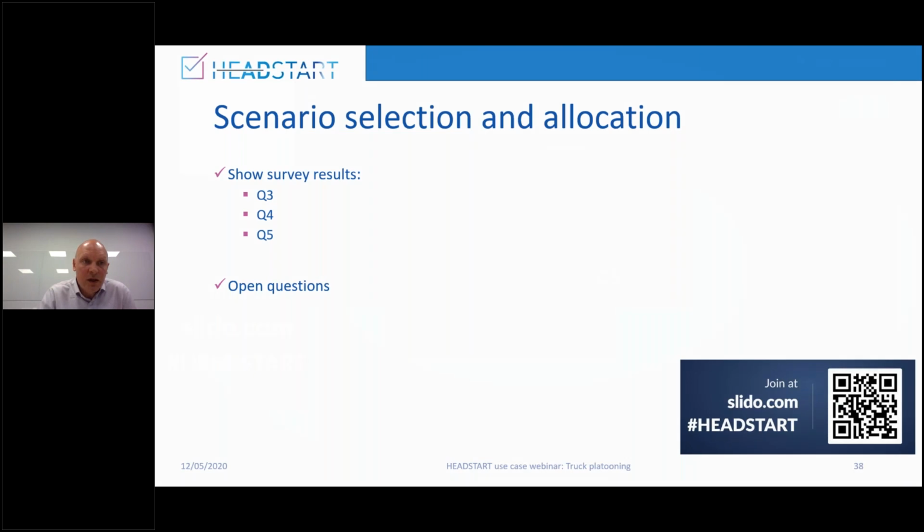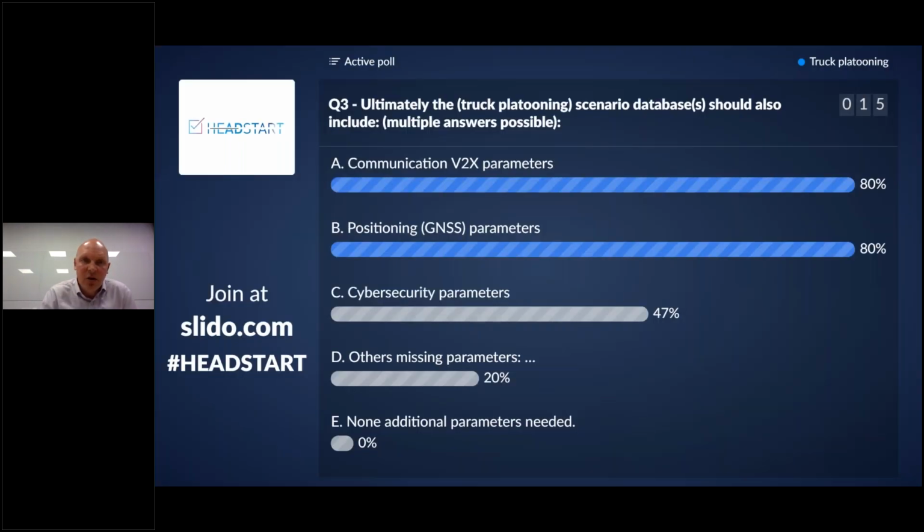So now we can, yes, thank you, very good. This is also an interesting one. Thank you for this. The feedback from the Q3, which was on the truck platooning databases: the majority of the people really believe that both communication and positioning parameters are essential, or well, not essential, but ultimately will need to be included in the scenario database, especially when looking at truck platooning.